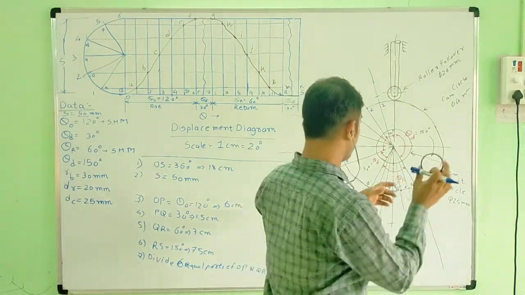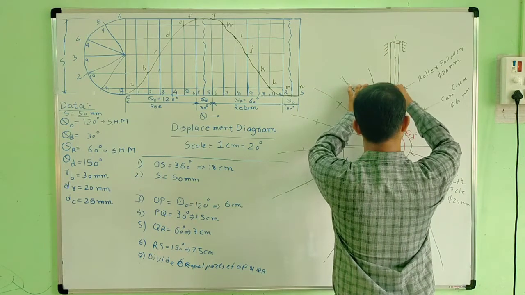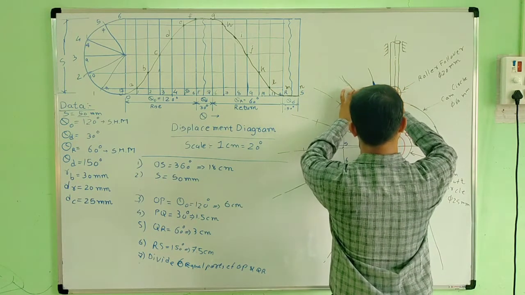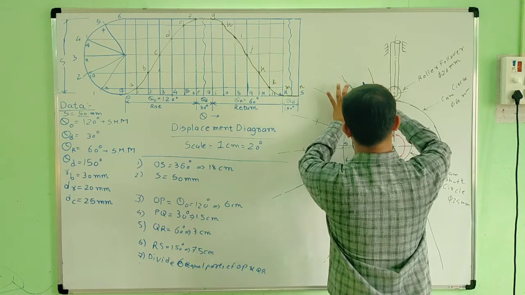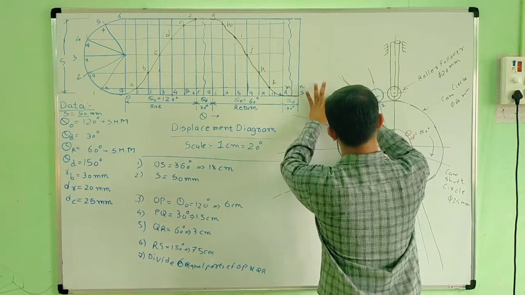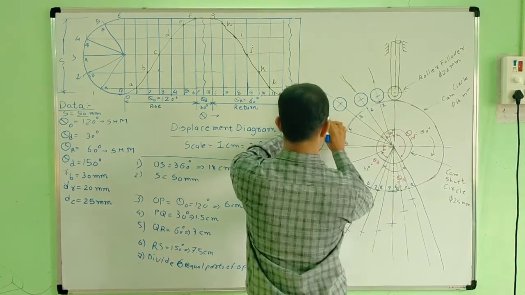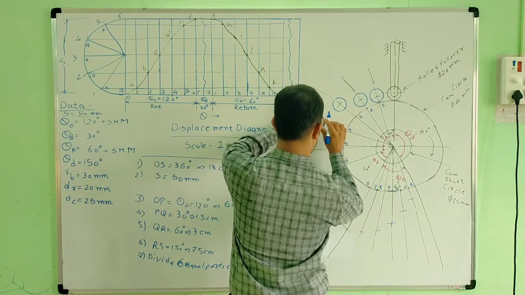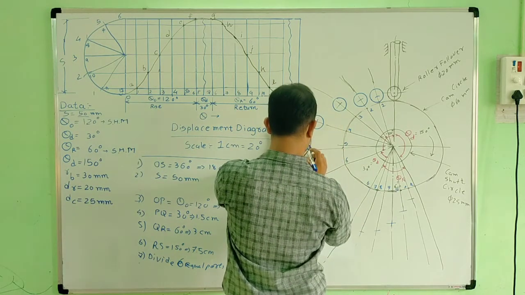I have used a ring for the circle. Okay. Sometimes we can use a half circle. Okay, that also works.